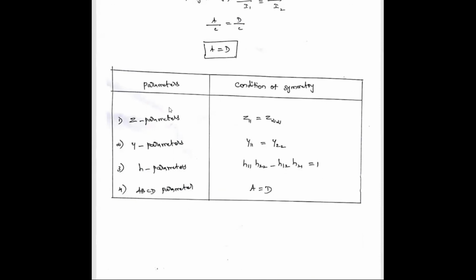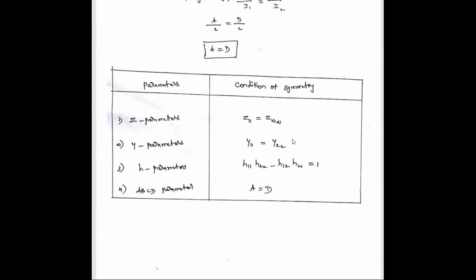In terms of Z parameter, if the Z11 and Z22 values are equal, the two-port network is said to be symmetrical. In Y parameter, if the Y11 and Y22 values of the two-port network are the same, it is a symmetrical network.